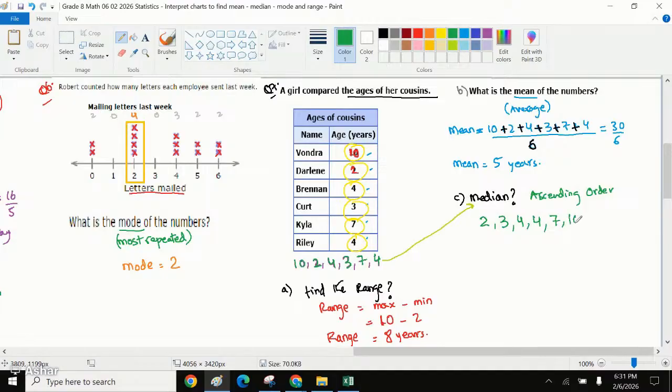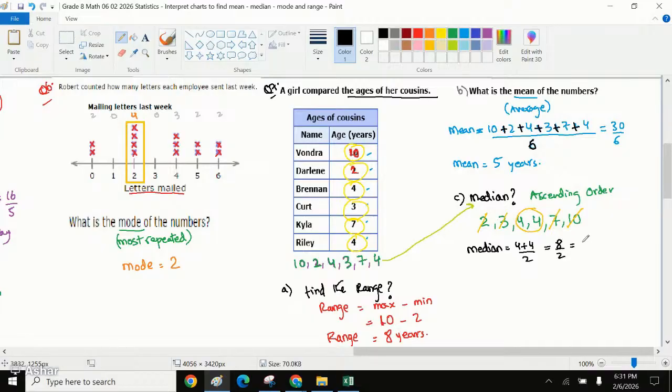So once we have arranged them in ascending order, we cancel them out. The first is cancelled with the last. The second is cancelled with the second last. Now we cannot cancel further, right? We are left with 2 values over here. So in order to find the median of 2 numbers, we find the average. Average means add them and divide by 2.